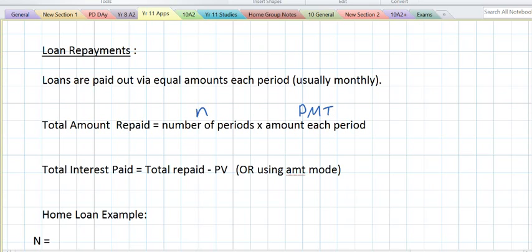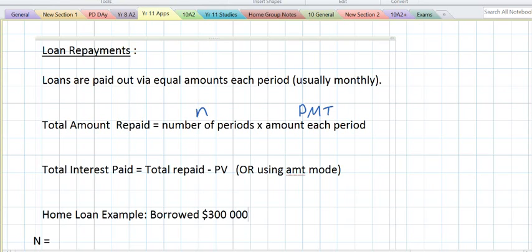And there is a shortcut for doing it on the calculator, but I'd rather do it by hand. Alright, so let's do a quick example of this. Take my home loan. Say for argument, I've borrowed 300,000. Does anyone know what the percentage rate is at the moment? About 5.45%, monthly, for 25 years.